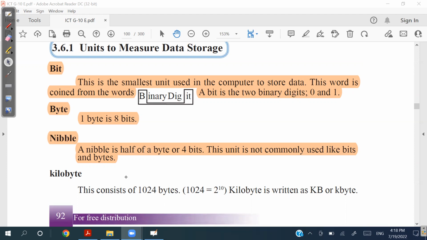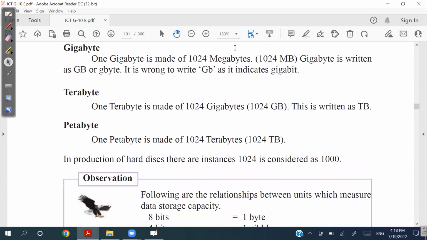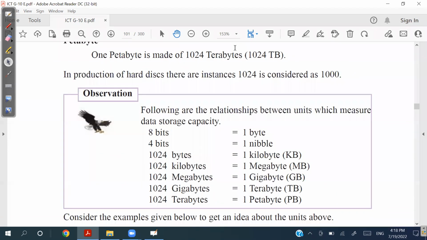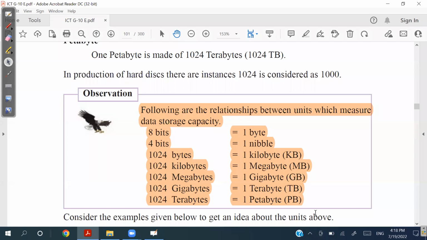How about others? Anyone who is still writing? All right, so I'm moving forward. Let's write this. You don't need to write the word observation. You can write this.